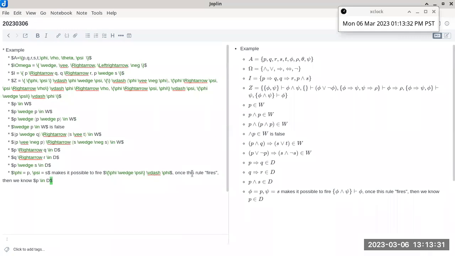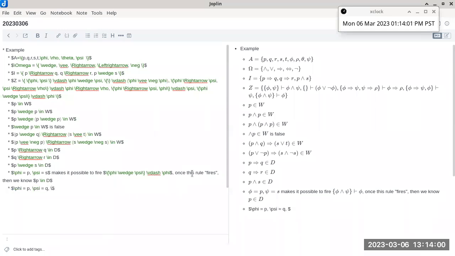So we'll try to fire some other rules, okay? Now let's make phi, I'm looking at the chain of the implication. And this time I'm just going to use one single line to do all the substitution. Then we make psi the same as Q. Q is the bridge.